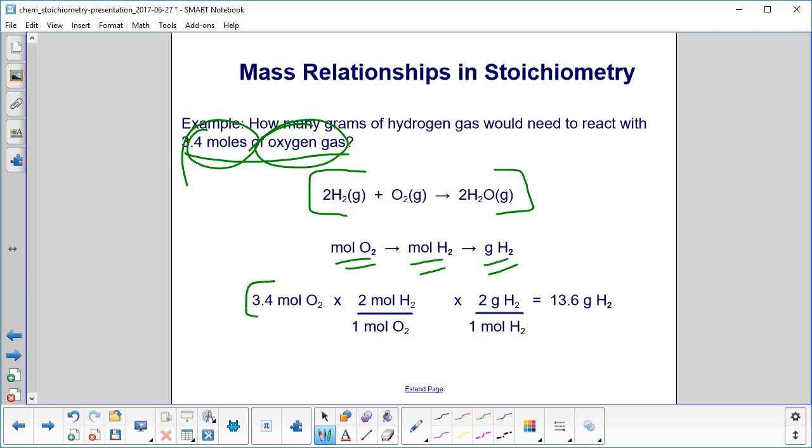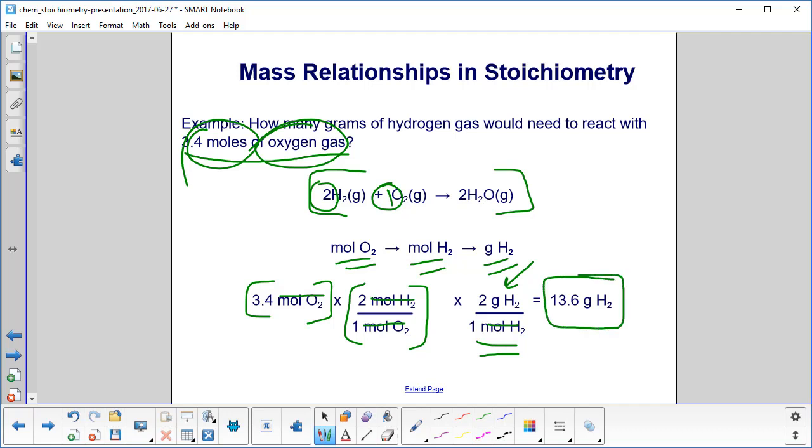So we start with 3.4 moles of oxygen, and we note that we have 2 moles of hydrogen for every 1 mole of oxygen. We now have to multiply that by 1 mole of hydrogen is equal to 2 grams, because the atomic mass of hydrogen is 1 and there are 2 of them, so we get 2 grams. Then we multiply through, and we cancel a lot of stuff out, and we're left with grams of hydrogen, 13.6 grams of hydrogen.